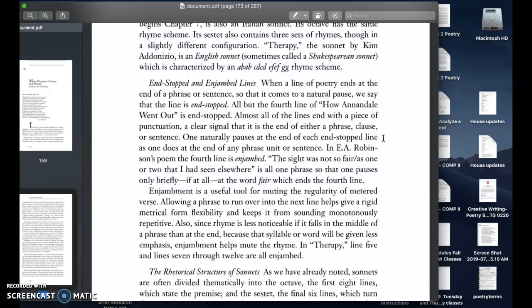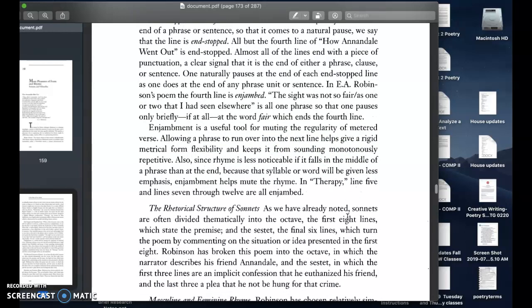So we look at those natural pauses at the end. The 4th line is what we call enjambed: the sight was not so fair as one or two that I had seen elsewhere. It's all one phrase, so you only pause very briefly at the word fair, to feel that emphasis there.